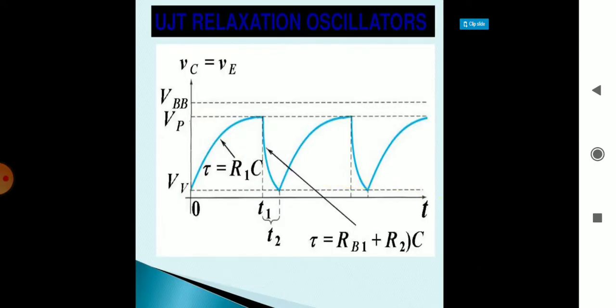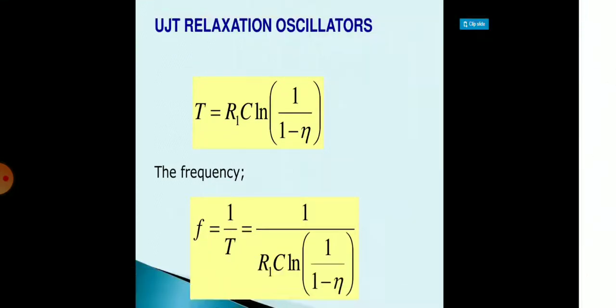The time period T is equal to R1 into C ln of 1 by (1 minus eta), where eta is nothing but the intrinsic standoff ratio. Then the frequency is nothing but the inverse of the time period. Then we can calculate the frequency of that particular waveform. So this is about the UJT, which can be used as a relaxation oscillator to turn on the SCR.